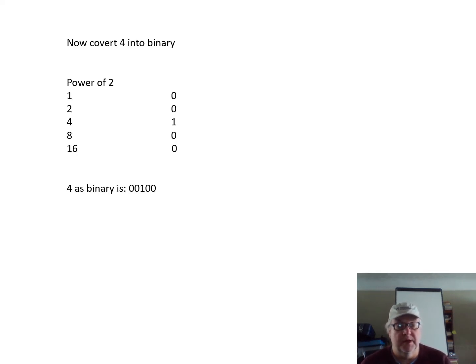Then you construct another column where you convert 4 into binary. So 4 in binary is 0 0 1 0 0, and that means you have 0 1s, 0 2s, but you've got 1 four.